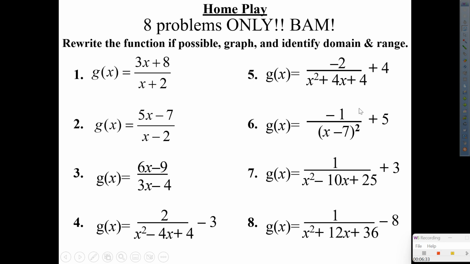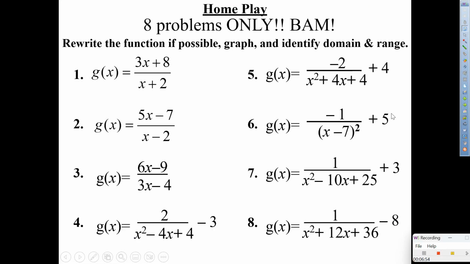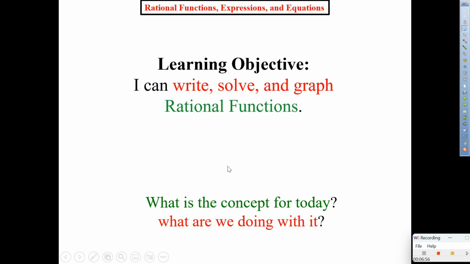And then get a Cornell note ready once you turn in your home plate. I'll give you some time to set up your Cornell and turn in your home plate.